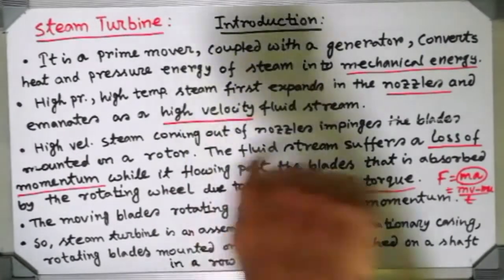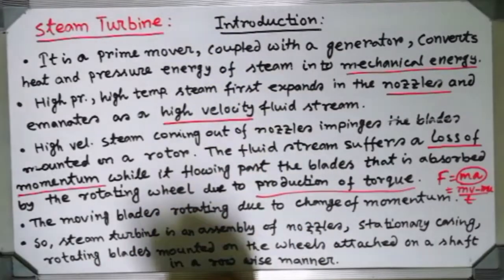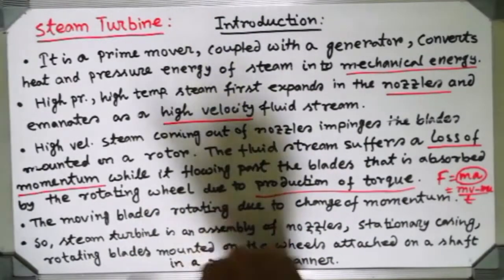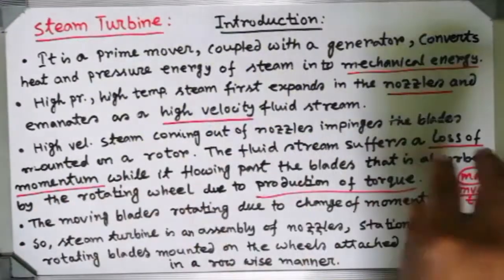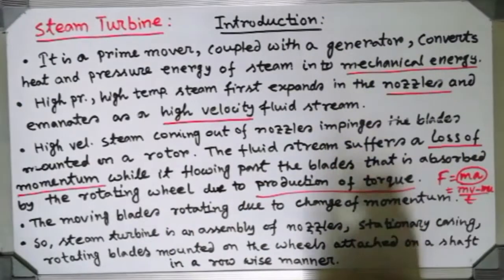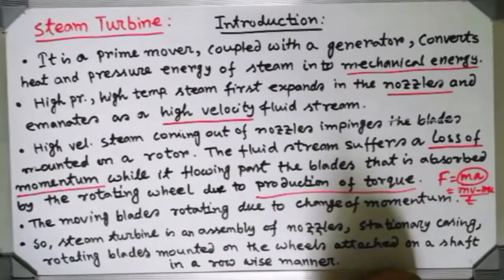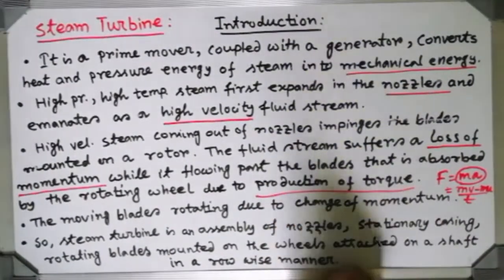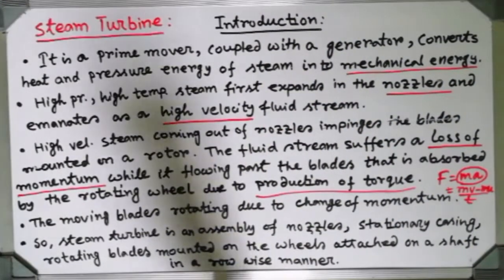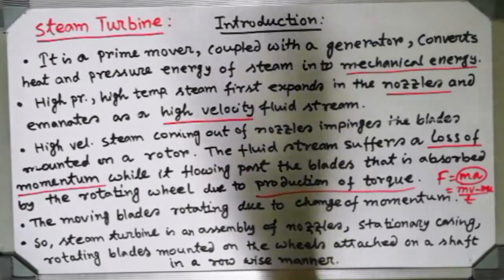As a result, the turbine will rotate due to production of torque. While the turbine is rotating, the output of the turbine is a circular shaft. That shaft is coupled with the alternator or generator. So the generator will produce electricity. Now that electricity is transferred to the grid, and from the grid to your home.